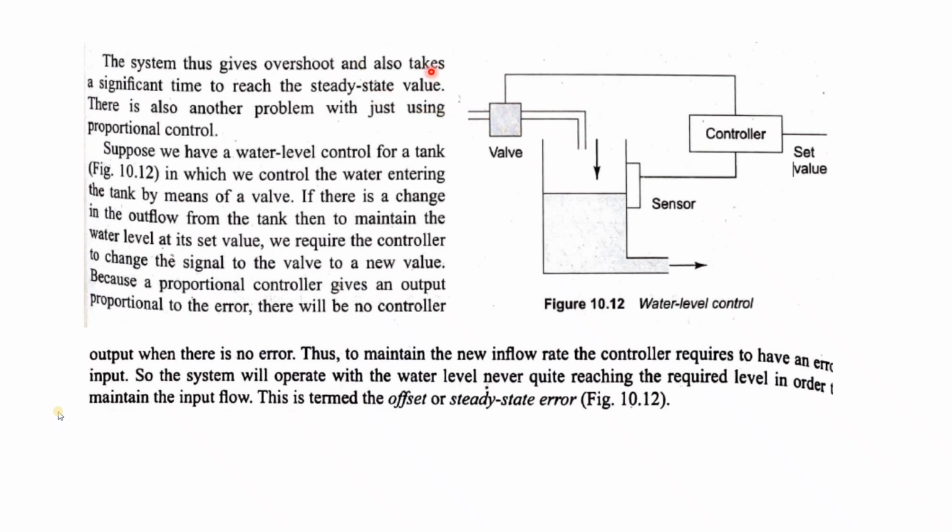Somewhere on the left there is a tank, and water is coming from here. Water is flowing, and there is a valve. When the valve opens, water falls down and gets collected here in the reservoir. There is also an outlet from where the water will be collected.